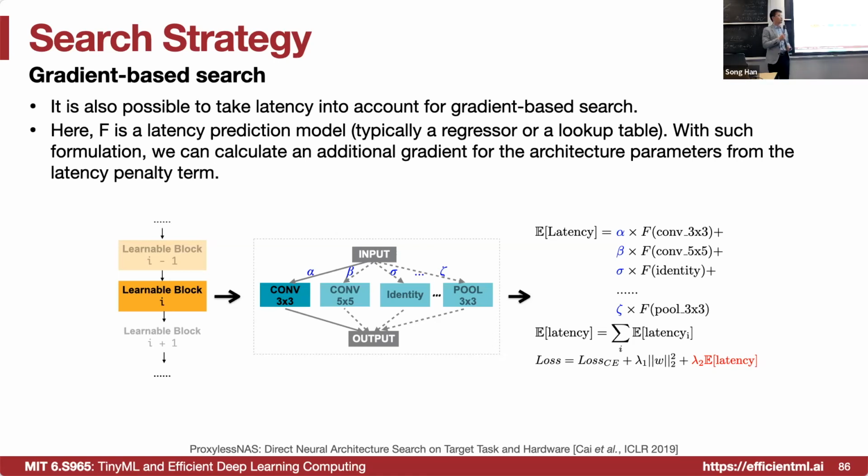Therefore, we can plug the latency into the loss function, and we can backpropagate the gradient to this latency function, making latency differentiable, so that we can search for a model that not only gives higher accuracy but also runs fast. So this is gradient-based search, and by using ProxylessNAS, we can make latency differentiable.